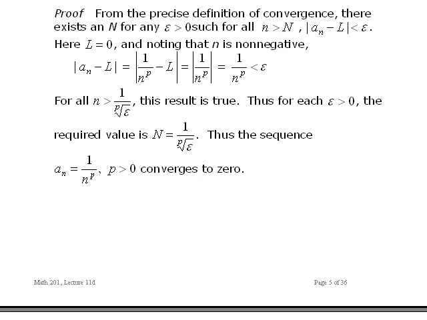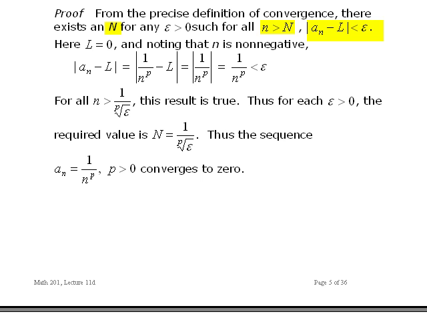The precise definition of convergence says that for any epsilon greater than 0, there exists some N such that for all terms a_n where n is greater than N, the difference between the term and the limit is less than epsilon. Here we're saying that the limit is 0. Well, let's note that n is non-negative. So we have the absolute value of a_n minus L, which is 1 over n to the p minus L, but L is 0, so this becomes the absolute value of 1 over n to the p.